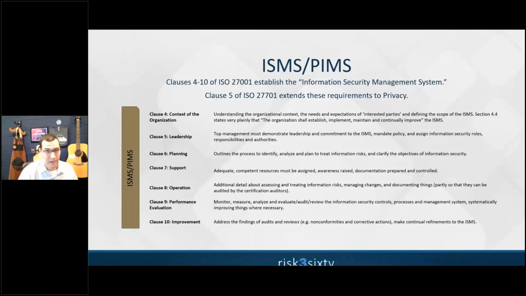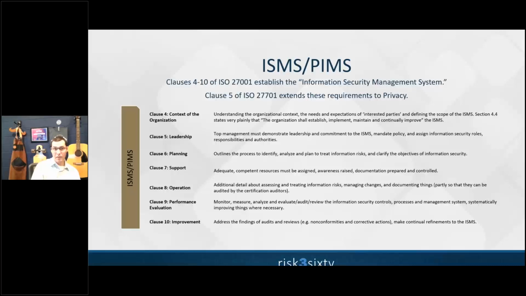So the clauses do come from ISO 27001, starting with context of the organization: who are the interested parties in you obtaining a certification, and what's the scope. That moves into leadership, so how leadership is describing its commitment to security and privacy, including its policy and appropriate roles within the organization.